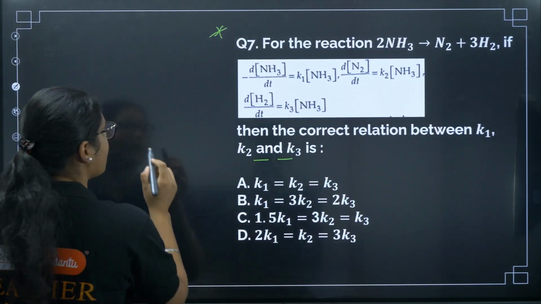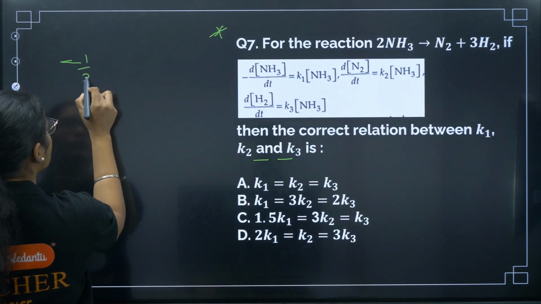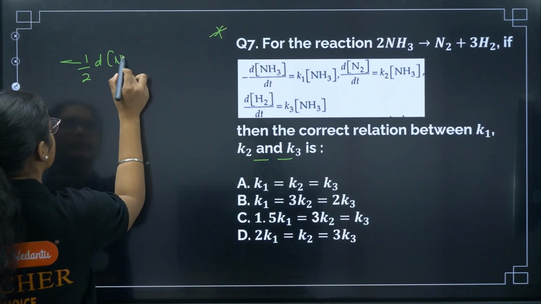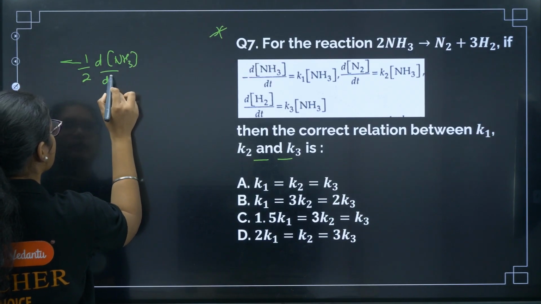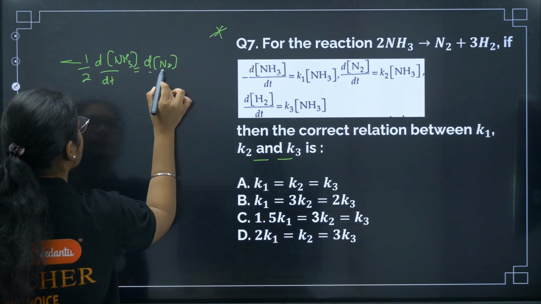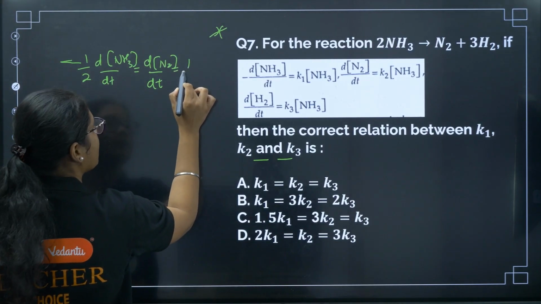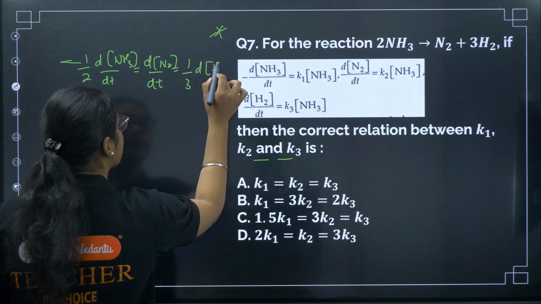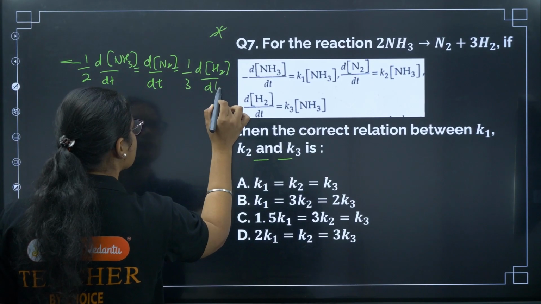I'll get minus 1 by 2 dNH3 by dt, okay, is equal to dN2 by dt is equal to 1 by 3 dH2 by dt, right?